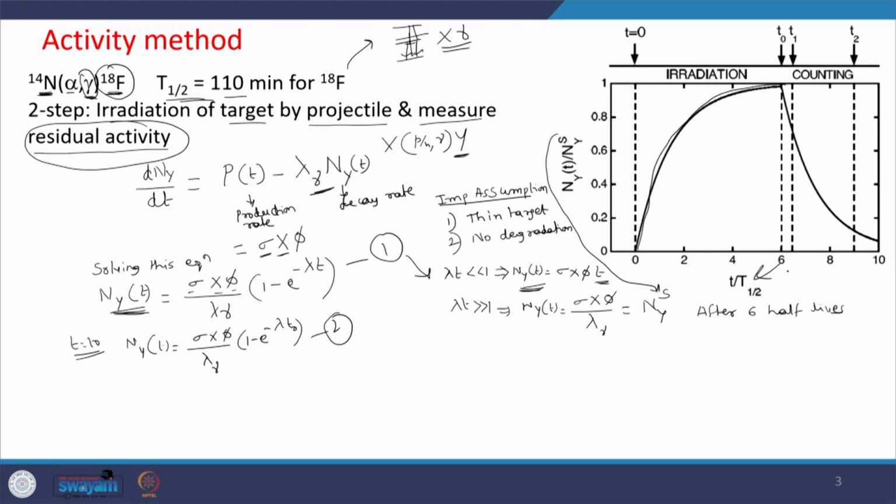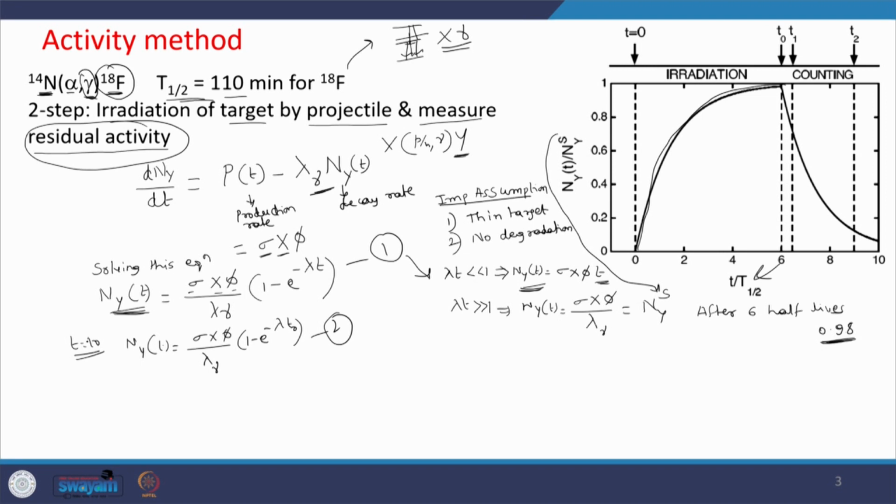After about 6 half-lives, on the x axis it is time divided by half-life, if t by t half is about 6, then the number is about 0.98. So, almost it has reached saturation.